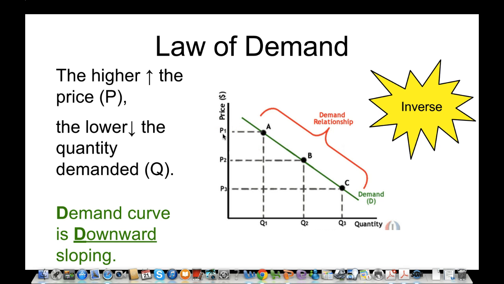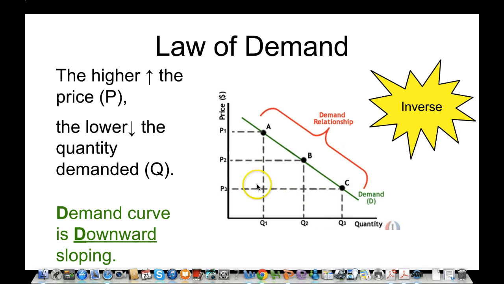And in this particular demand curve, we can interpret this chart as the following. At price 1 or P1, the quantity demanded would be Q1. At price 2, the quantity demanded is Q2. And at price 3, the quantity demanded would be Q3.